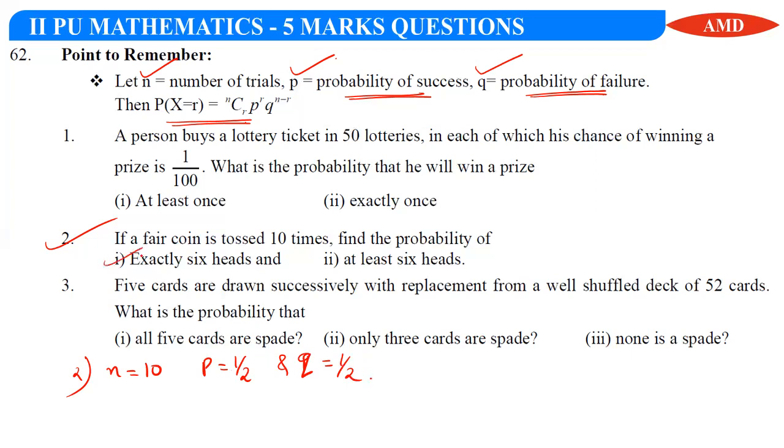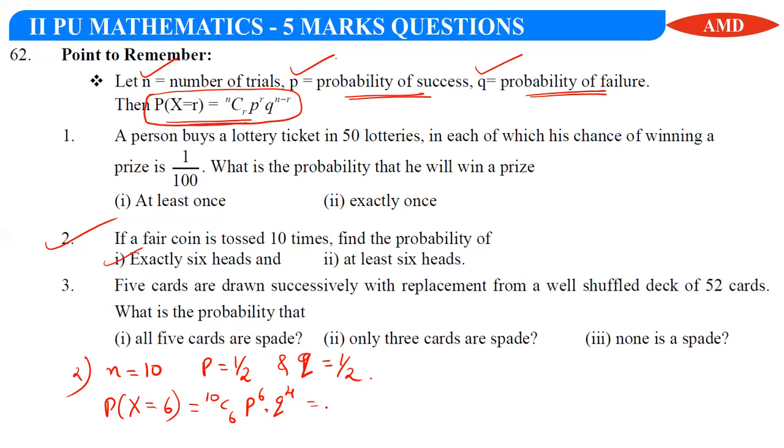Now the first question here is, what is the probability of getting exactly 6 heads, or probability of getting 6 successes? So probability of getting x equal to 6 successes is, I'm using this formula, students, 10c6 into p to the power 6 into q to the power 10 minus 6, that is 4.